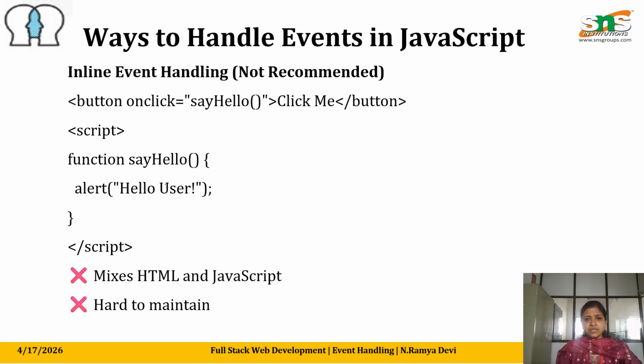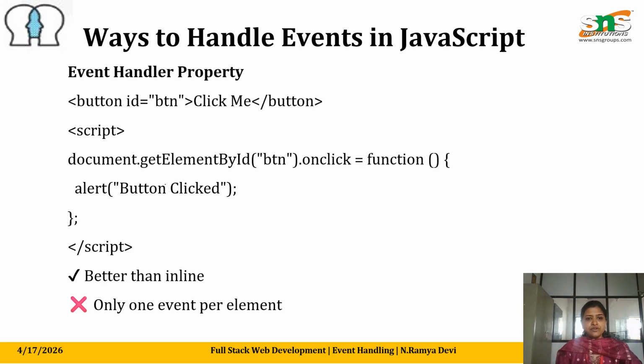But this is not recommended because it mixes your HTML and JavaScript code, and it is very hard to maintain. So we go for an event handler property. Instead of writing inside the HTML element itself, we write inside JavaScript, which is better than inline, but only one event per element is allowed here.